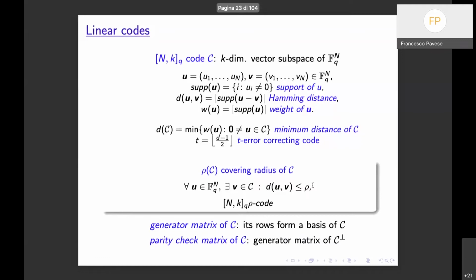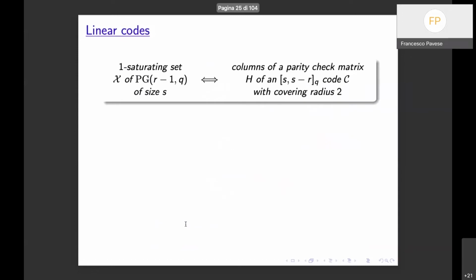In general, one way to describe a code or its dual is by using a generator matrix or parity check matrix. Now, by regarding the representatives of points of a one-saturating set as columns of a parity check matrix, a linear code is obtained having covering radius 2. This means that the minimum distance of a code arising in this way is at most 5.